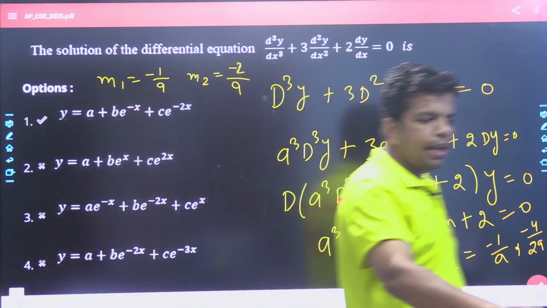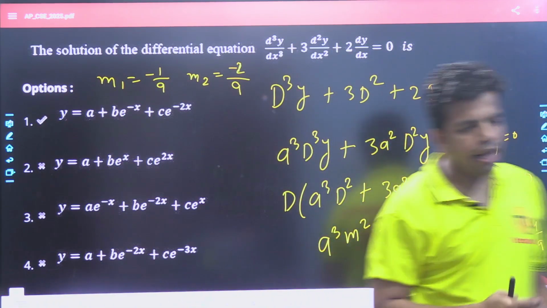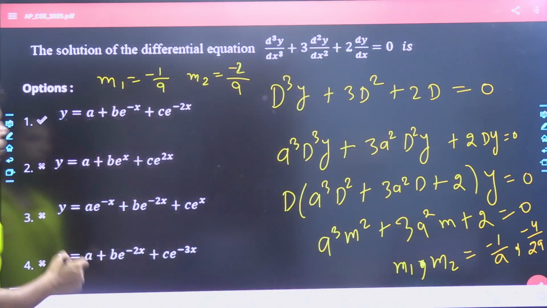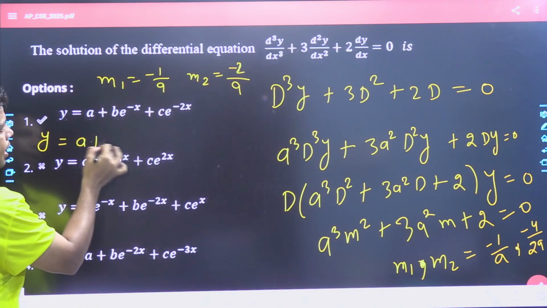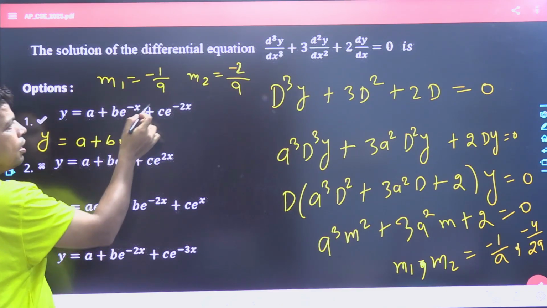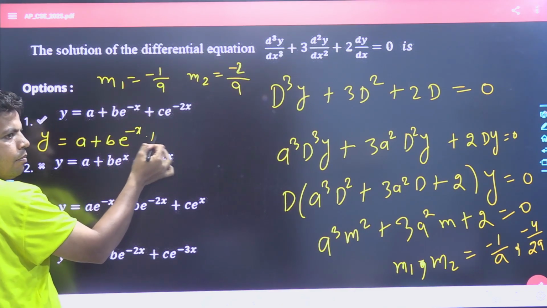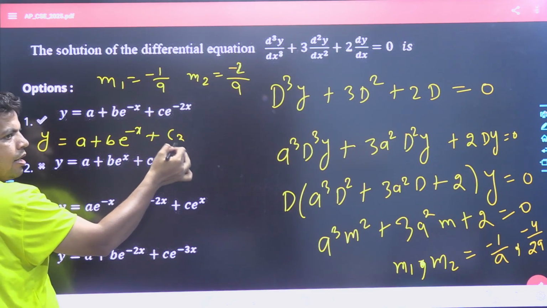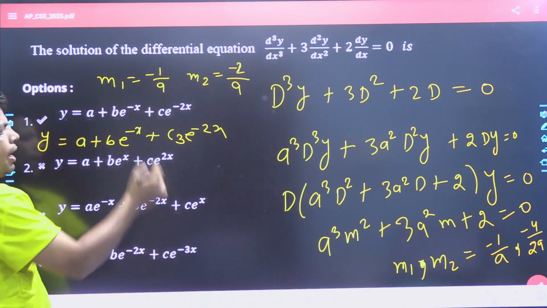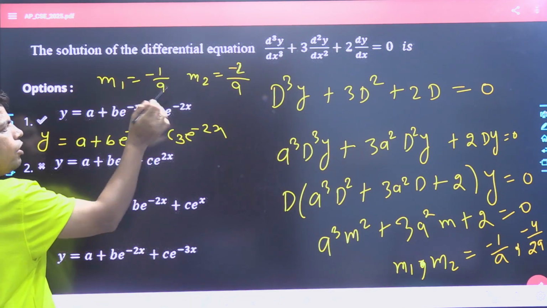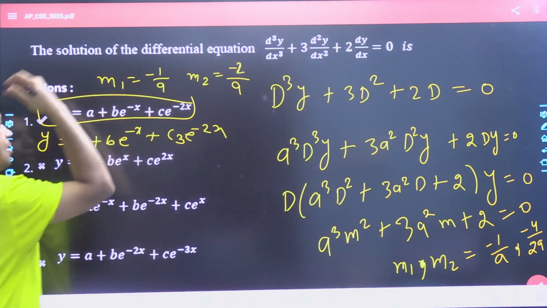Just put that value in the equation. So you can write the general solution: y equals some constant a plus b e to the power minus x plus c3 e to the power minus 2x. You can divide by a, assume that the value of that constant is 1, and go with this answer.